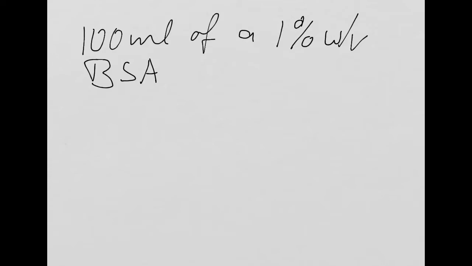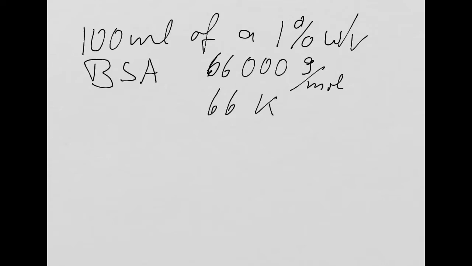The molecular weight of BSA is 66,000 gram per mole, or, because biochemists are lazy people, they just write this as 66 kilodalton. It's the same thing. How many grams do you have to weigh in?